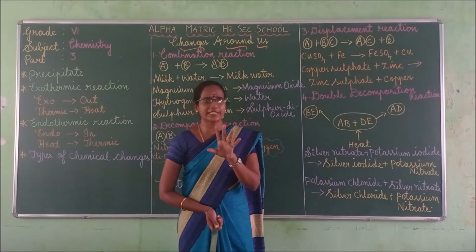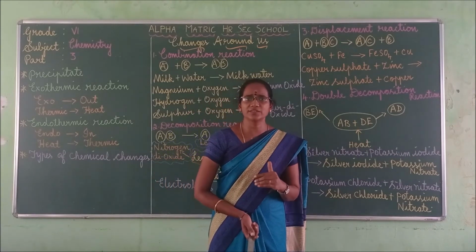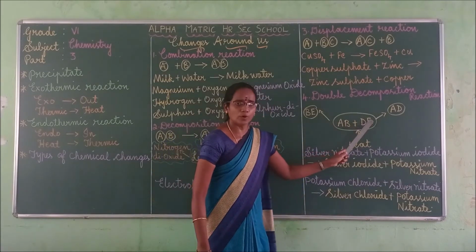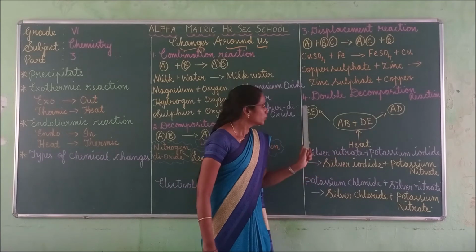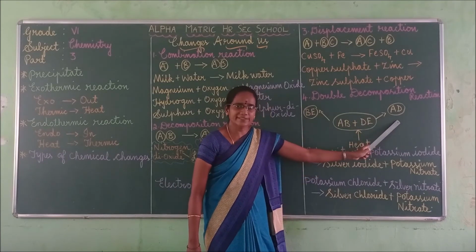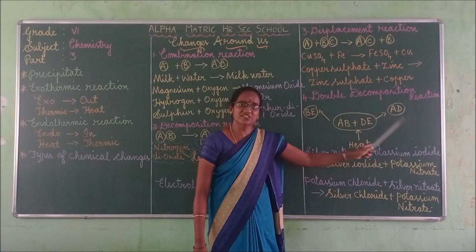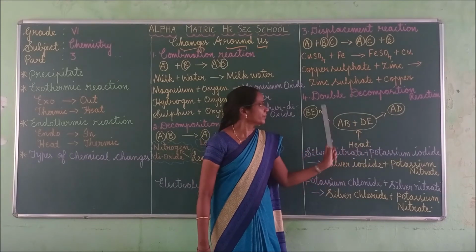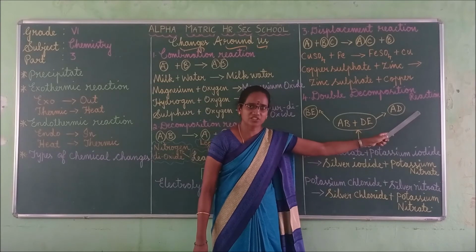During chemical reactions, generally we get two compounds. These two compounds react to form two more new products, and if they exchange their ions, then it is called double decomposition reaction.